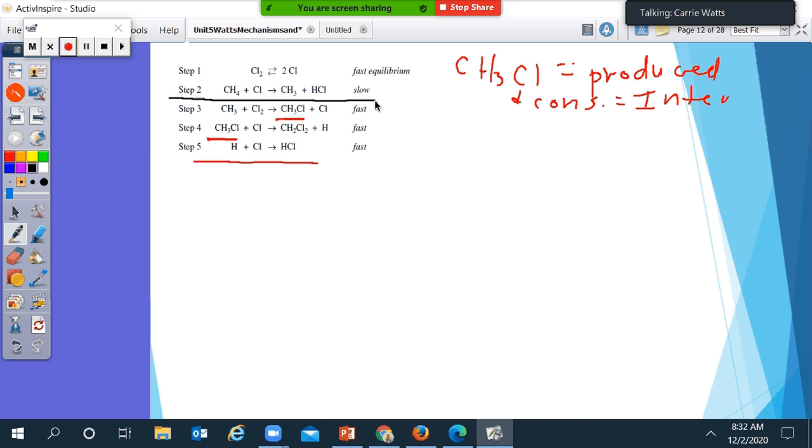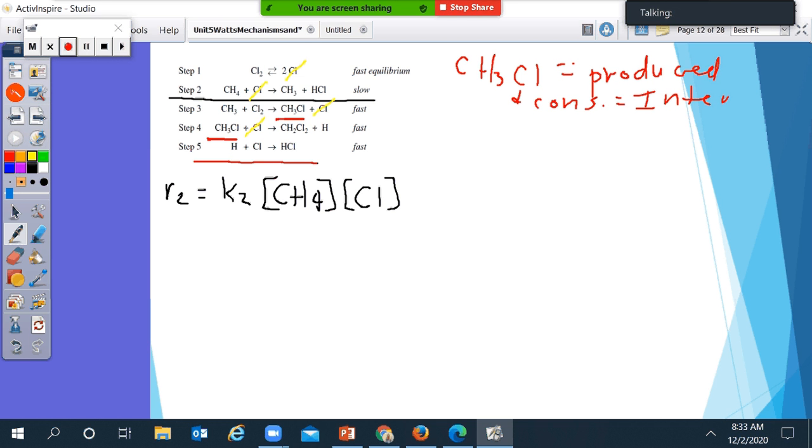So step 2 is going to be R2 equals K2, and then I have methane, CH4, and Cl. Now if you look at Cl though, not Cl2, you can see that Cl ends up being an intermediate as well. Cl pops up and then gets canceled several times in the problem.